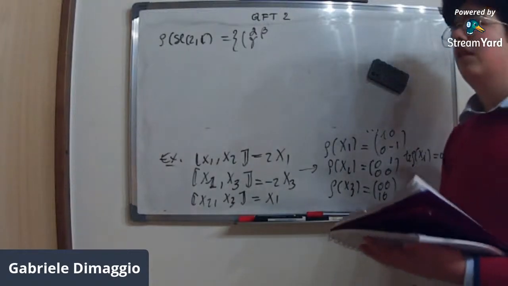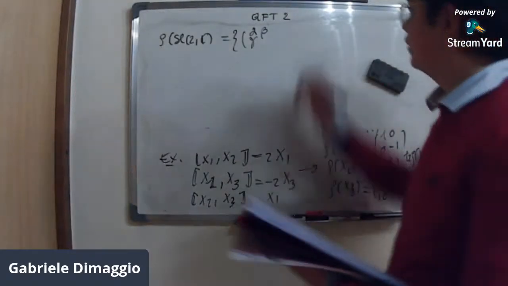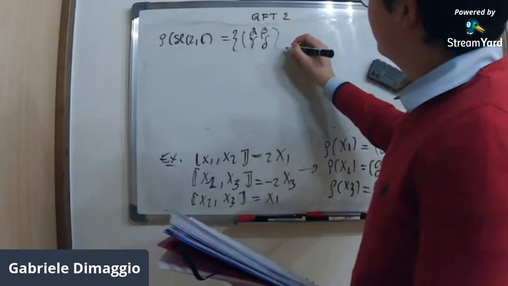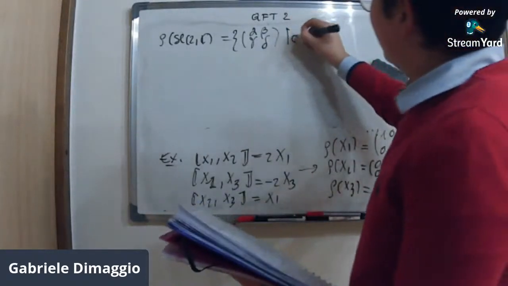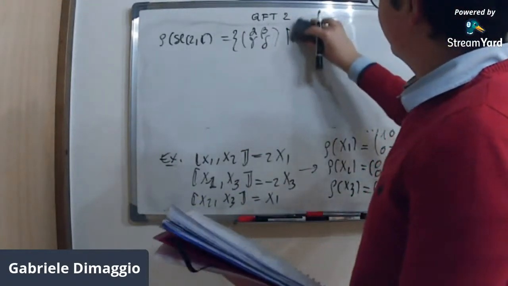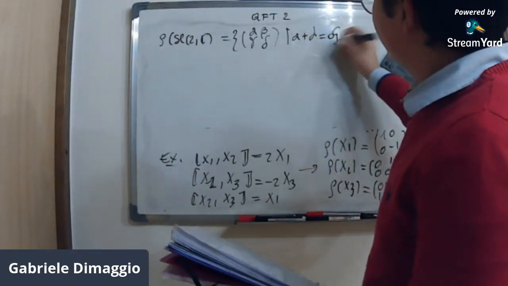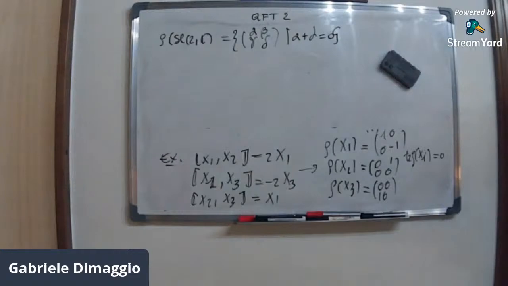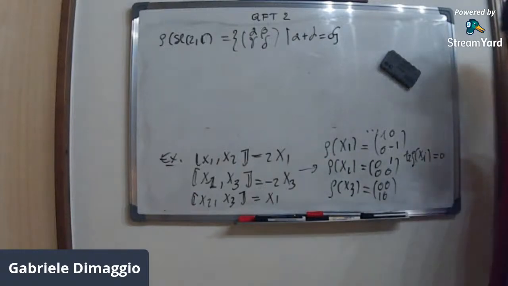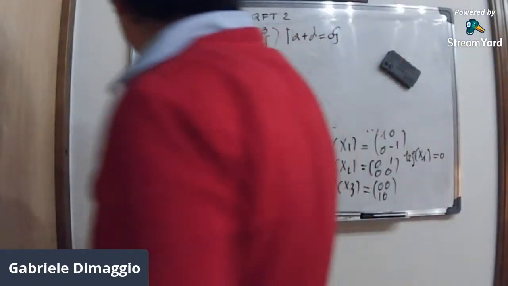I think maybe delta. Okay, such that alpha plus delta is equal to 0. Okay, this is the example. This is an example for SL2C.